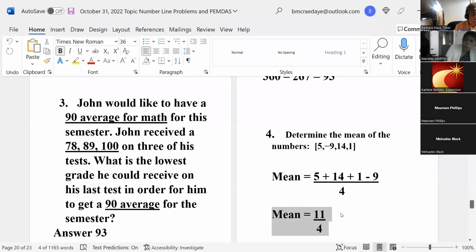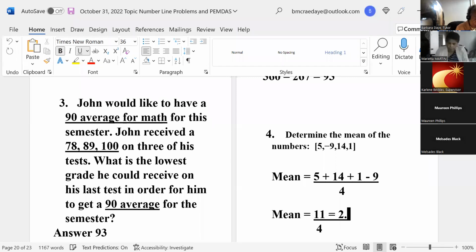You got it? And 11 over 4 is equal to what? 2.75. Yes, 2.75. Or you could have left it as 11 over 4. That would be okay.